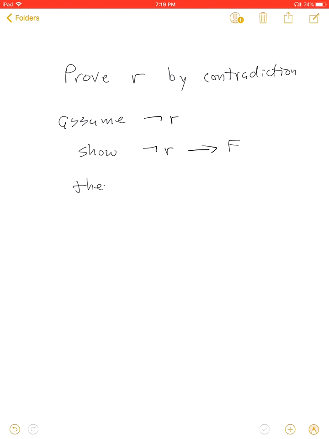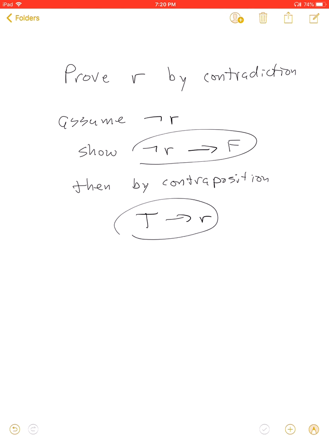And then by contraposition, we can say that the equivalent statement is truth implies our original proposition, and we would be done. In this case, we don't have a proof by contraposition, but we are leveraging contraposition to go from that statement there to the second statement there.